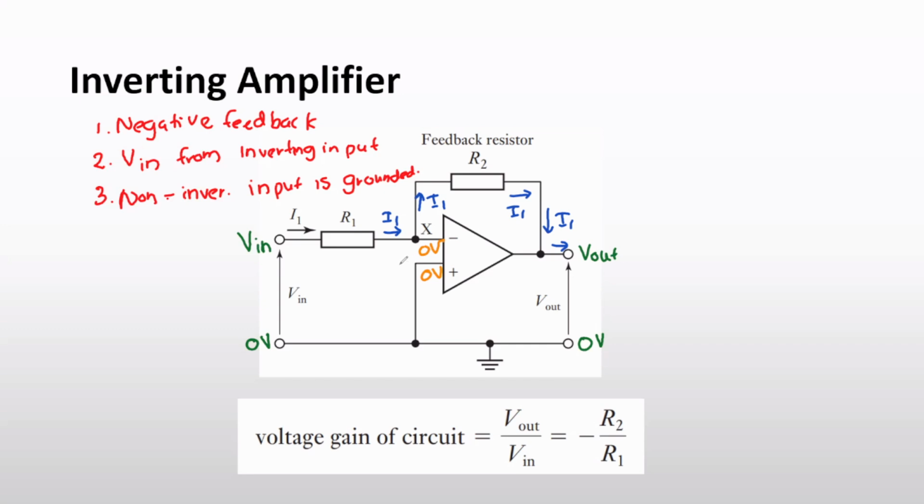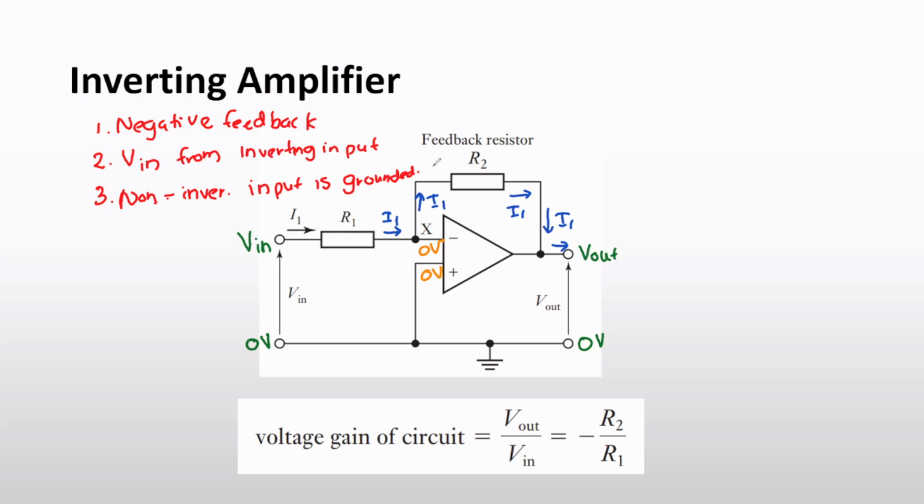Now to obtain this answer, you can apply Ohm's law to these two resistors, R1 and R2. It's very easy to know. The current flows, and as the op amp is not an ohmic device, you cannot use Ohm's law for the op amp.